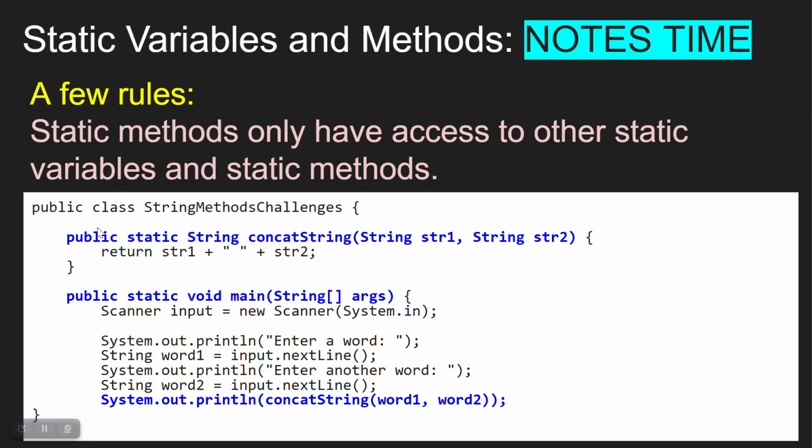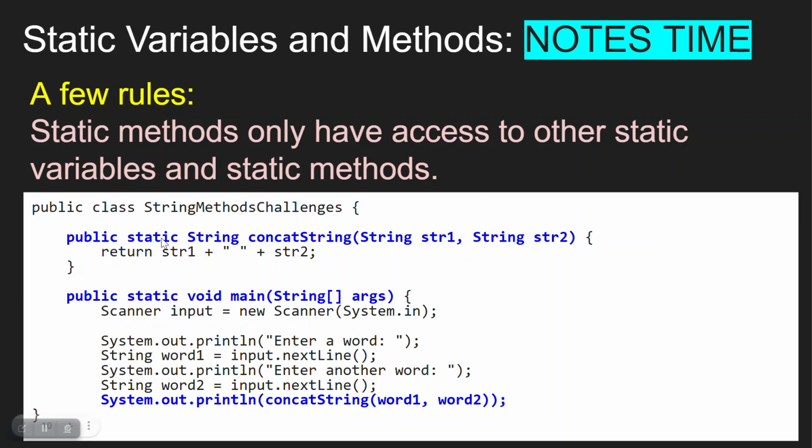So we had to say public static String concatString, and this will take in two string parameters, concatenate them, return them and print them here. But again, because main is a static method, if we're going to be able to call another method that is in this class, we also had to make it static.